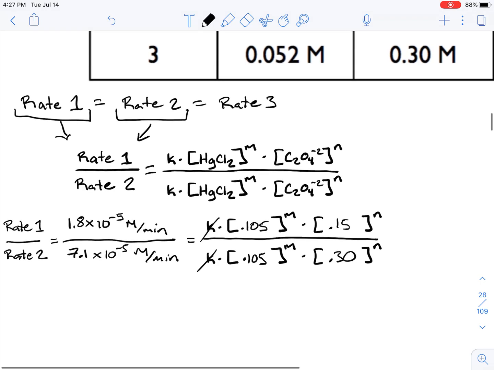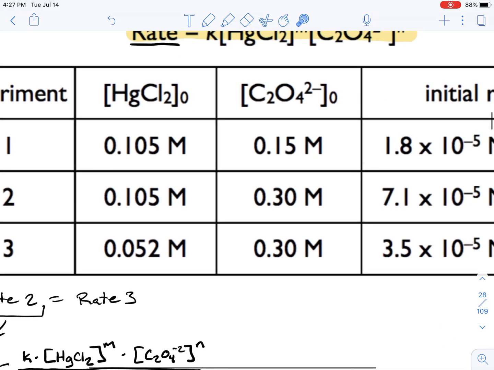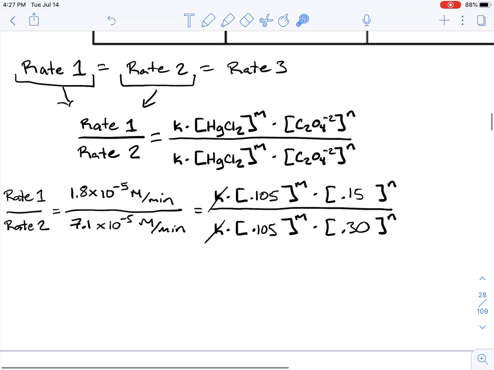And so what we've done is we've substituted the initial rate based on what the kinetic data is telling us, and we've substituted the concentration based on what the kinetic data is telling us. This is cool because this allows us to cancel another term out.